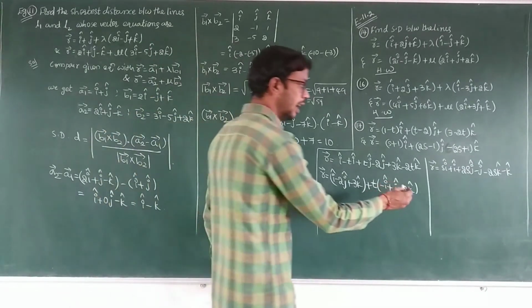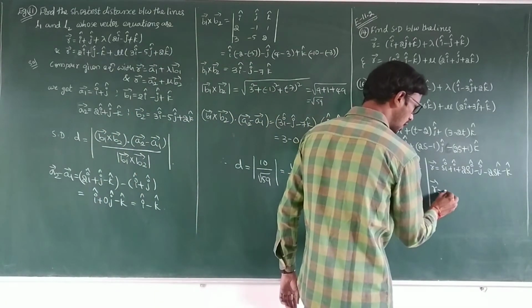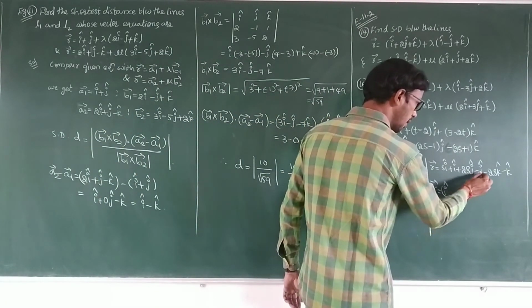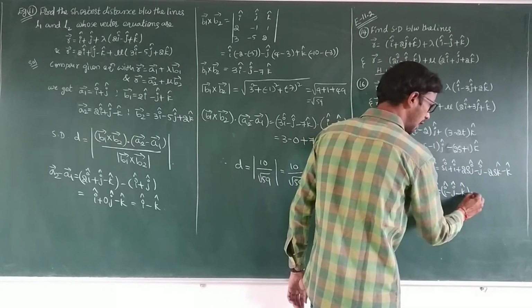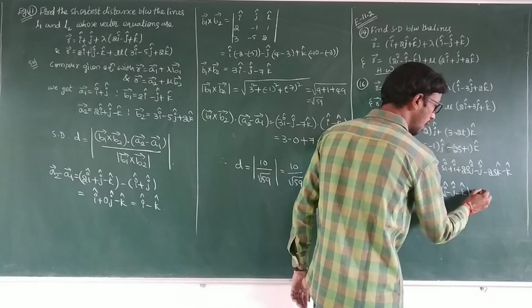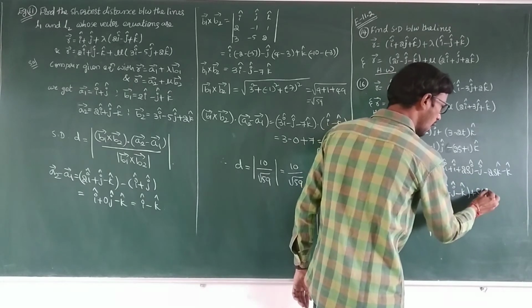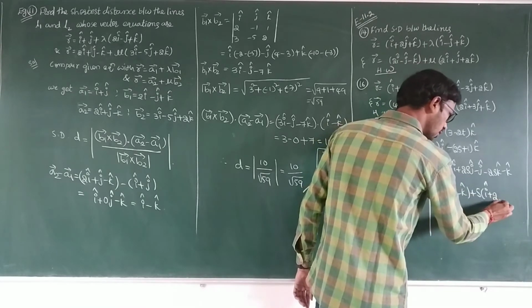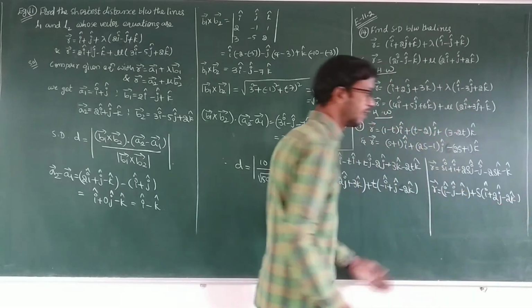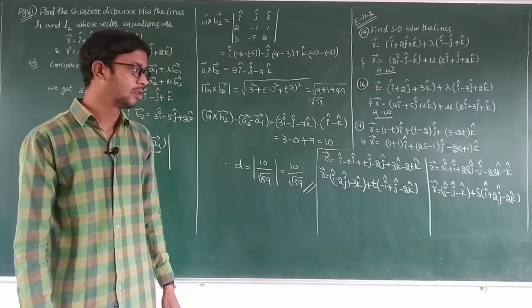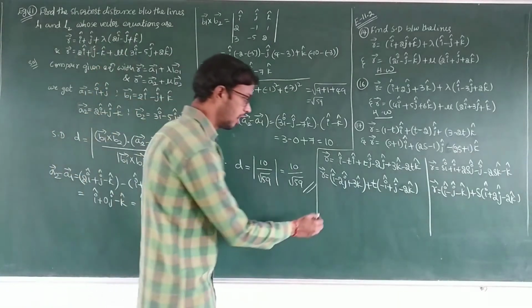Next, here also R bar equal to I cap minus j cap minus k cap plus S into I cap plus 2j cap minus 2k cap, taking S common.